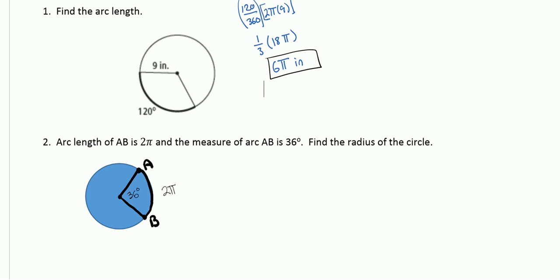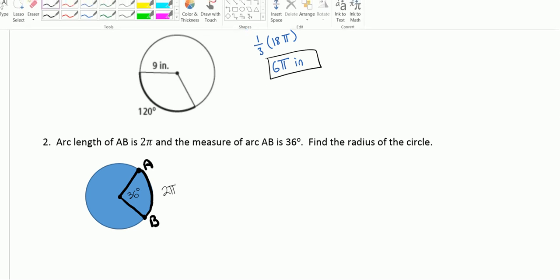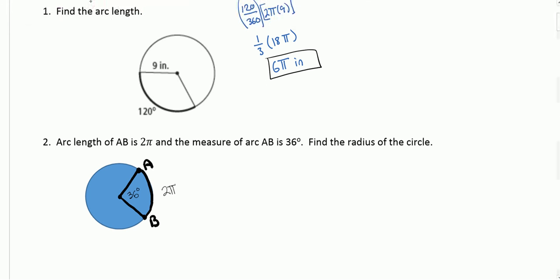Number 2, it tells us the arc length is 2 pi, and the measure of the arc is 36 degrees. Find the radius of the circle. So we know that 36 divided by 360, that's the fraction of the circle, times 2 pi r is equal to 2 pi.